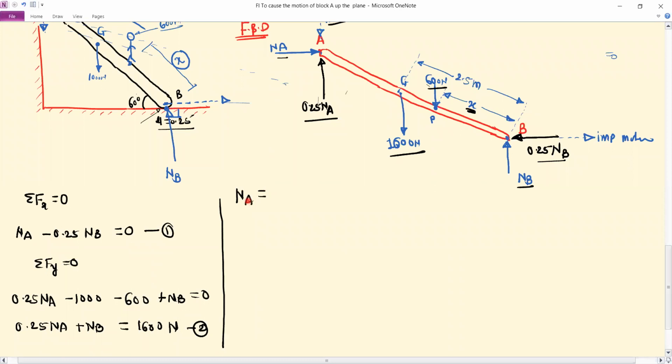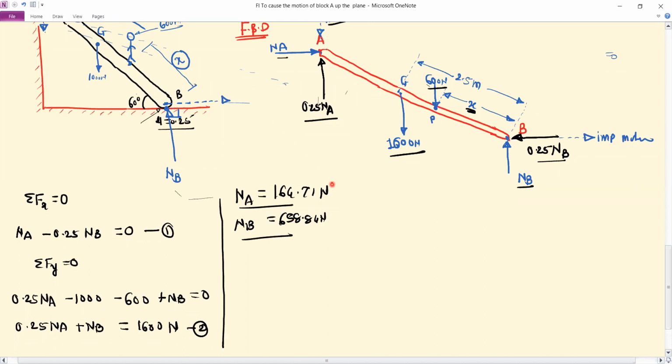So NA is equal to 164.71 Newton. NB reaction is 658.84 Newton.